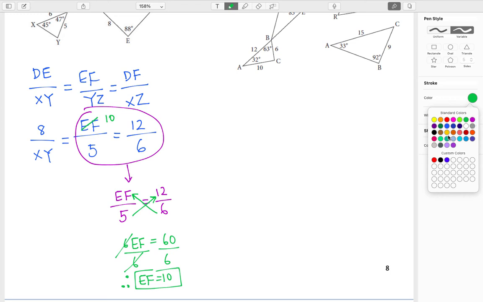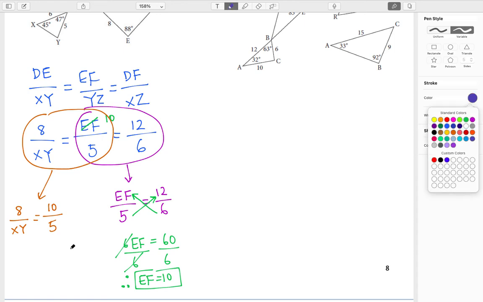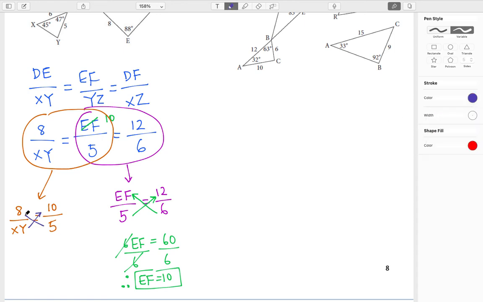And now we can figure out what XY is by using the first 2 over here. So it'll be 8 over XY equals EF, now 10 over 5. Then we are going to crisscross, cross multiply.